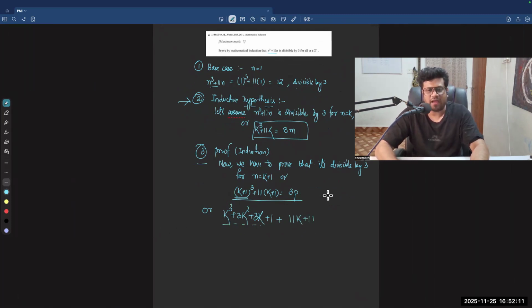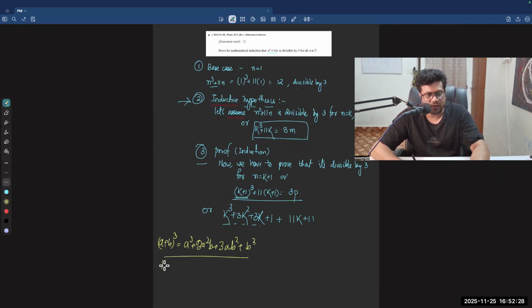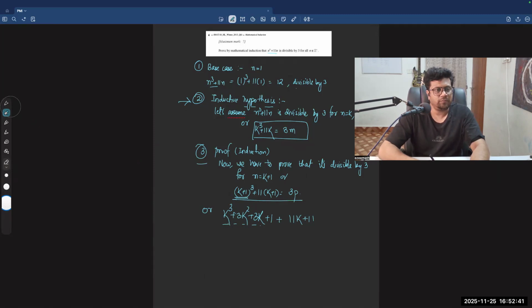Well, that comes from the fact that (a plus b) whole cube is supposed to be a cube plus 3a square b plus 3ab square plus b cube. That is where k plus 1 cube comes out to be this here. So that is a formula you would want to write. It's a very important formula.